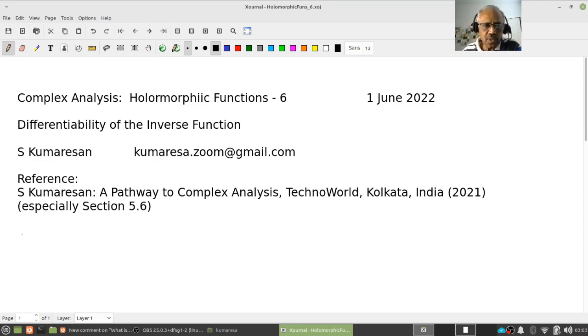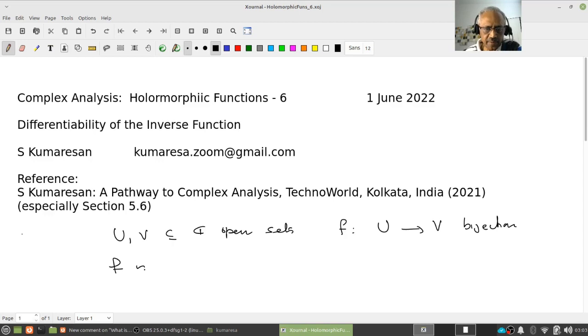So I have U and V open sets, non-empty of course, and f from U to V is a bijection, and f is holomorphic.